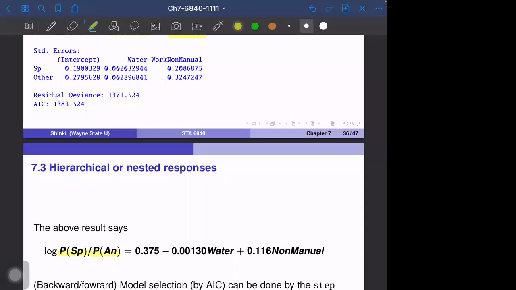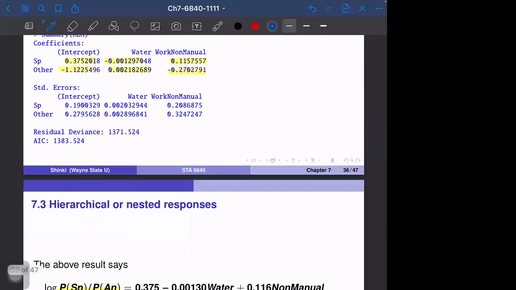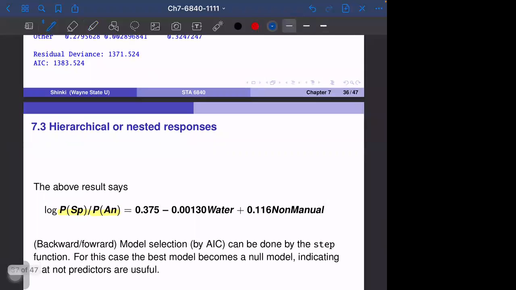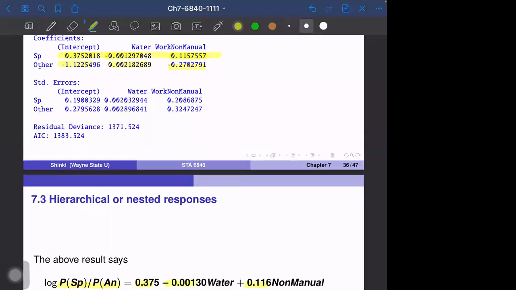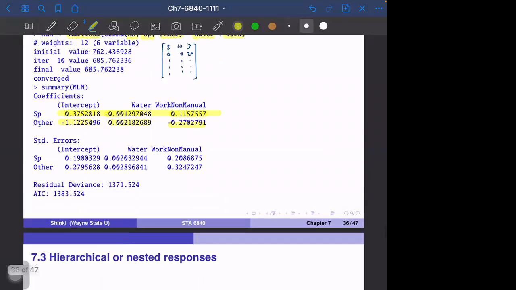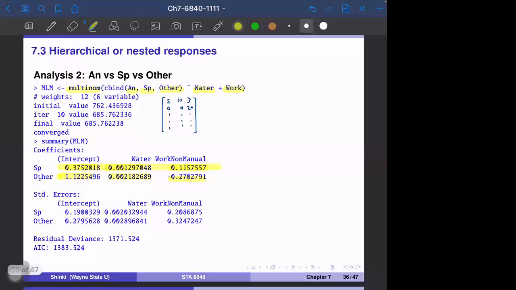So basically our model is the log of the probability of SP over the probability of AN, and the next one is the log of the probability of other over the probability of AN. Then that is this. These coefficients are obtained by this line, so you can see how the coefficients are calculated.